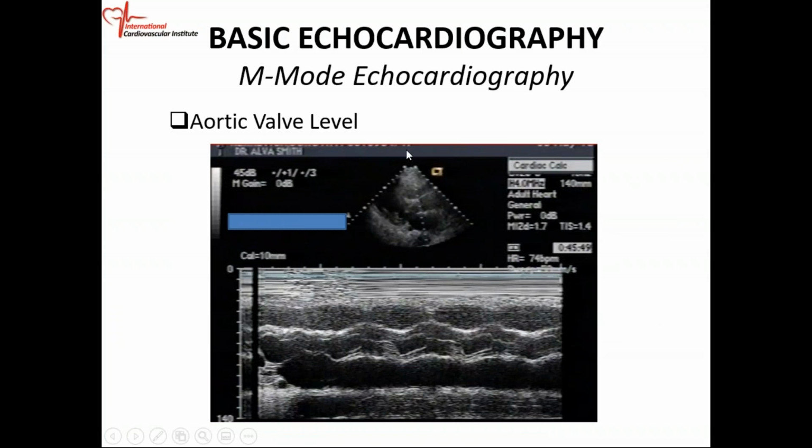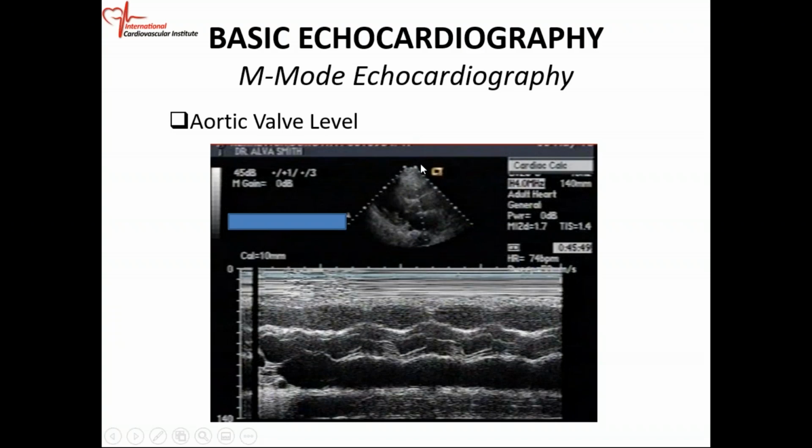The next normal structure we're going to look at is the M mode across the aortic valve. So your cursor is right here. Again, this is your transducer or probe, and the cursor crosses these structures. These are the different structures that you're going to display on the M mode.